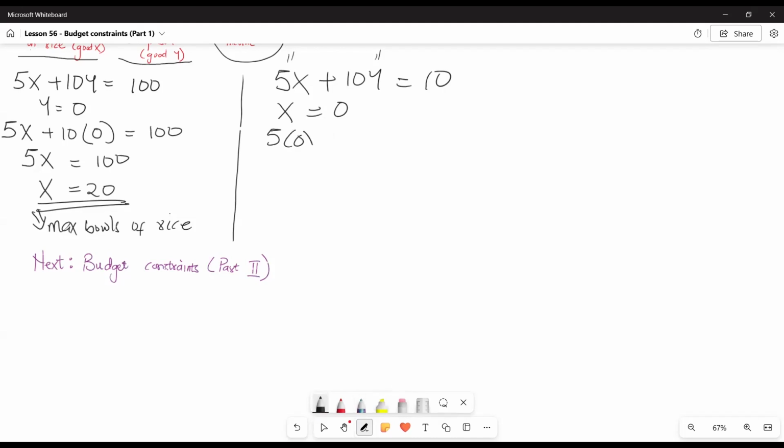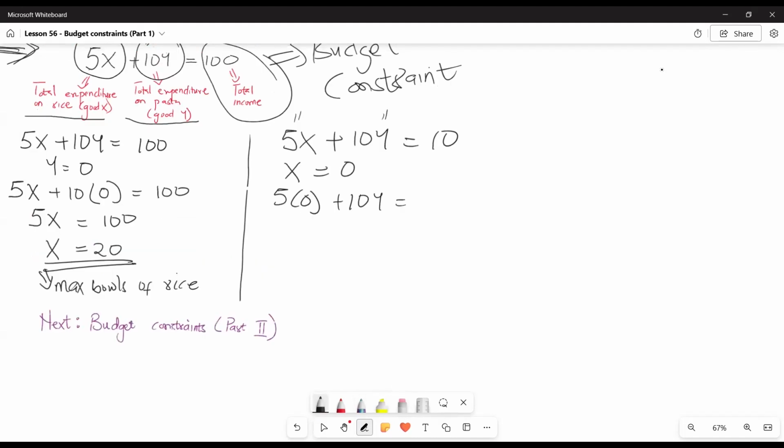So we can rewrite this as 5 multiplied by 0 plus 10y equals 100. So 10y equals 100 gives us y equal to 10. So this 10 over here is the maximum bowls of pasta that Ella can buy if she decides to buy nothing of rice.